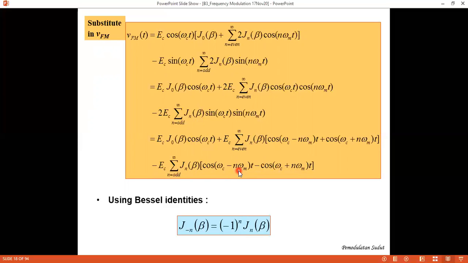So this is for above and below that we solve using the trigonometry identities. Then further using the Bessel identity where J minus n(beta) equals minus 1 to the power of n Jn(beta), we can further simplify this long equation.